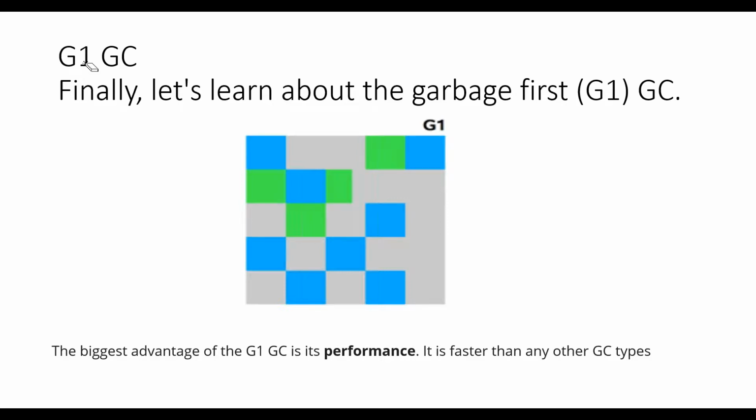G1 GC is a very good combination of parallel and CMS, but it is not yet stable, so applications have not moved from CMS to G1 GC.